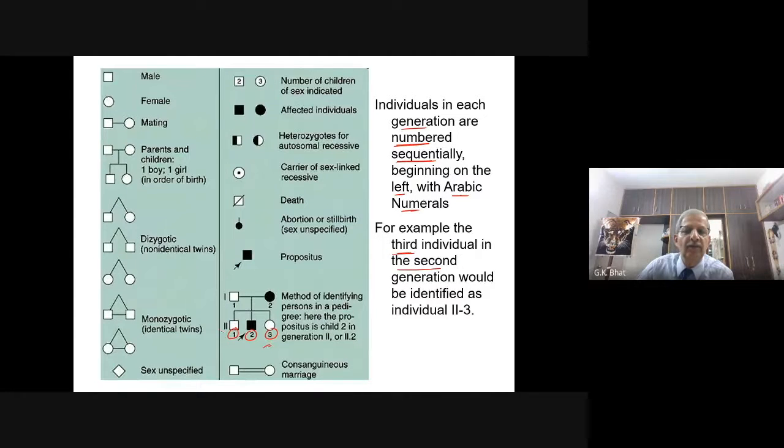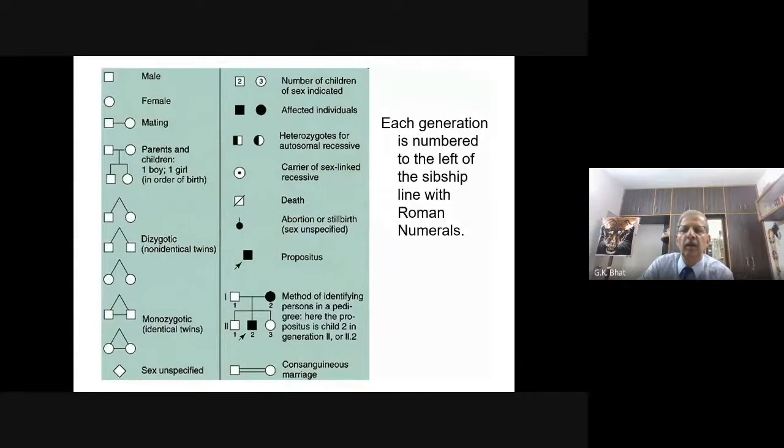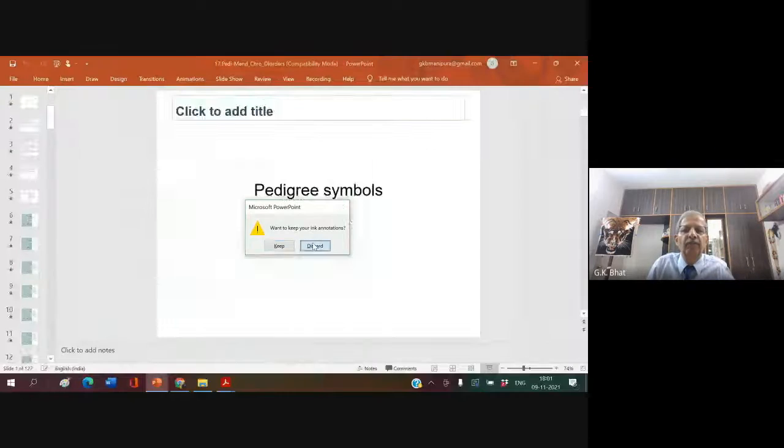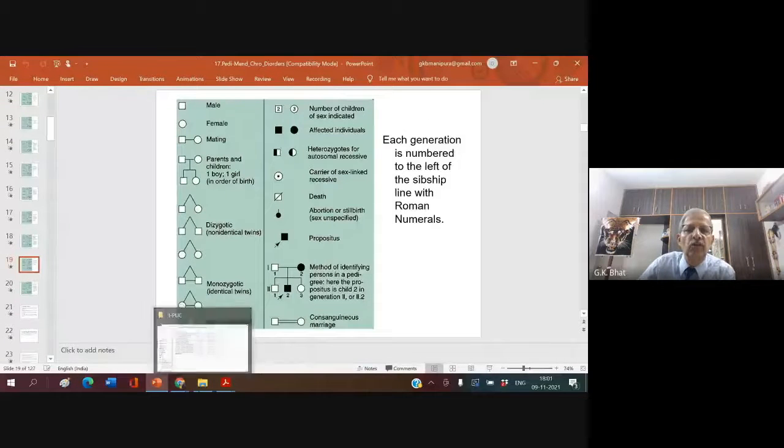Generation is Roman numbered, and the individual is Arabic numbered. Each generation is numbered to the left of the pedigree line with the Roman numerals. This is what you have, Roman numerals.